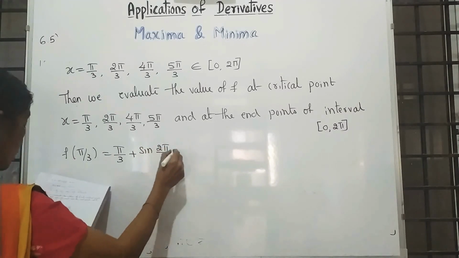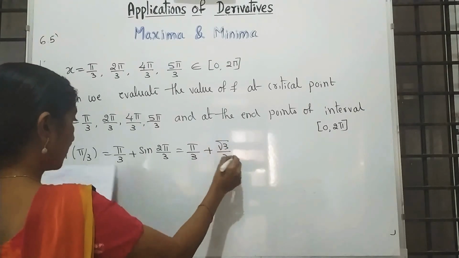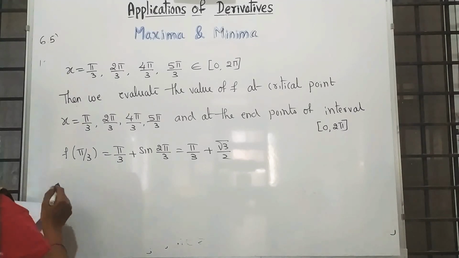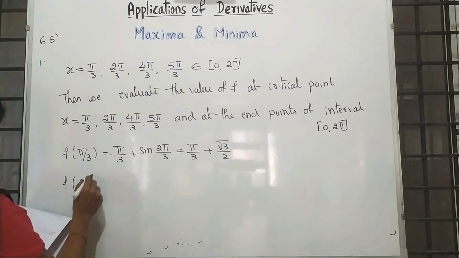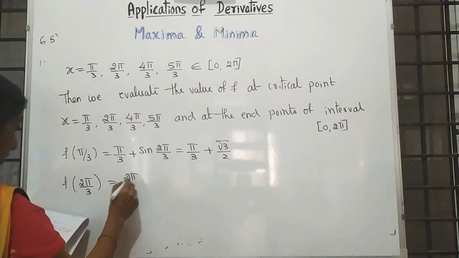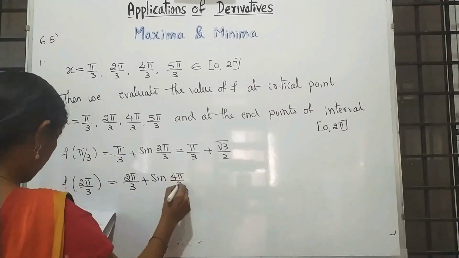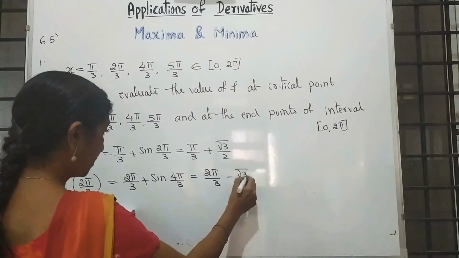Two x, it is 2 pi by 3. Pi by 3 plus root 3 by 2. 2 pi by 3 plus sin 4 pi by 3, 2 pi by 3 is 120 degree. Sin 120 comes in second quadrant, second quadrant sign is positive. So it is 2 pi by 3 minus root 3 by 2.